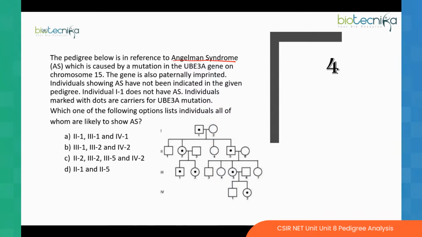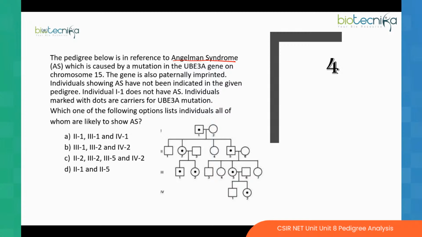Here the pedigree chart is simple, but if you don't know what Angelman syndrome is and how it is inherited, it will be impossible for you to solve this question. At the same time, if you have even a little idea about Angelman syndrome, it's my guarantee you will be able to solve it in less than 30 seconds. But you have to have this basic information.